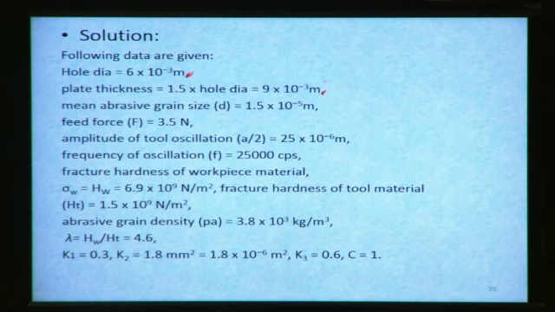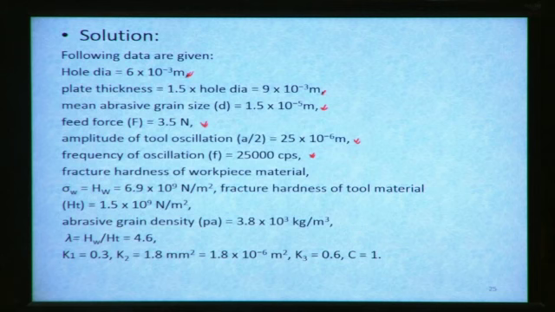The mean abrasive grain size is 1.5 into 10 to the power minus 5 meter, the feed force is 3.5 Newton, and the amplitude of tool oscillation A/2 is 25 into 10 to the power minus 6 meter. The frequency of oscillation is 25,000 cycles per second.